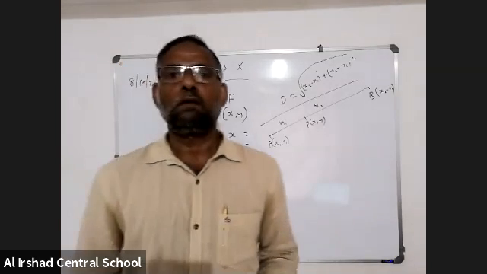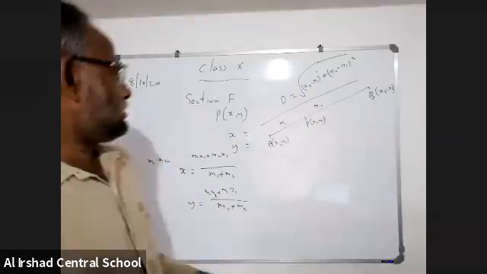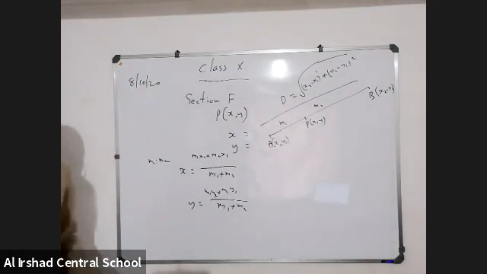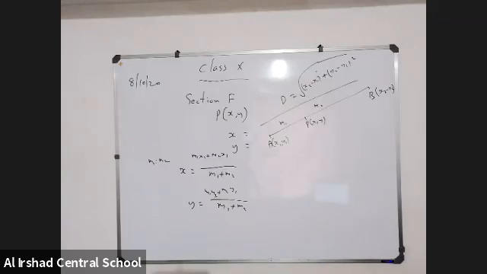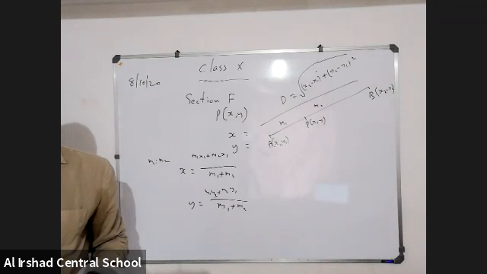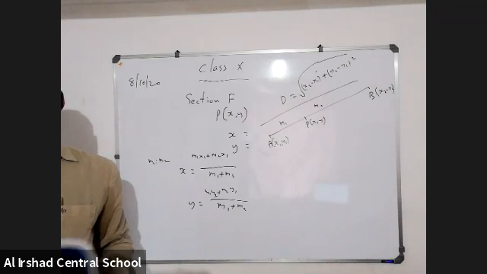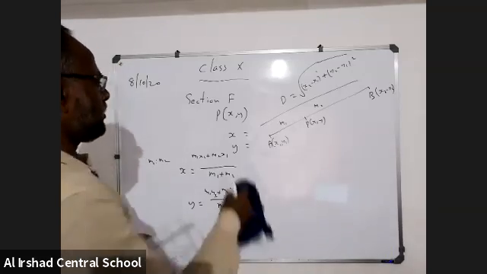Sir, can you write on the board clearly? Okay, I will write. Listen here, this is exactly the same thing in the textbook. All of you open page number 163.